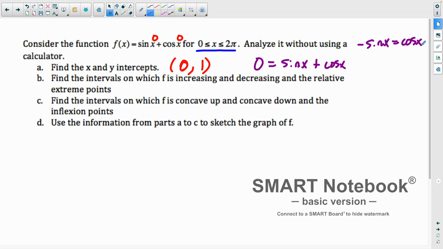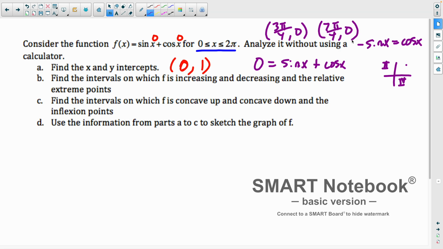What angle measure is sine and cosine the same? That is pi over 4. But again, it's not pi over 4 because one's negative and one's positive. So we're talking about this quadrant there or this quadrant there. So my x-intercepts would happen at 3 pi over 4, 0, and at 7 pi over 4 and 0.